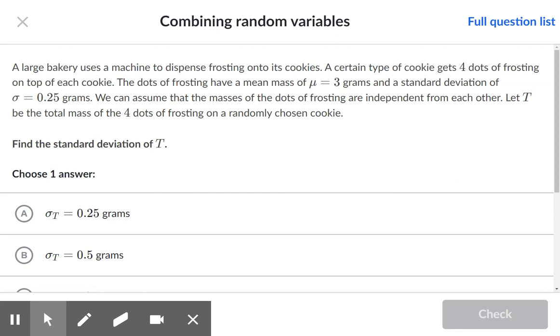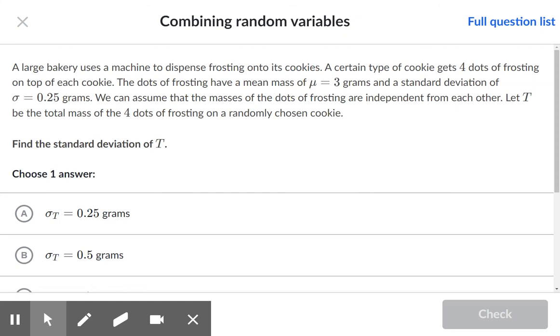So variance of D is the same as sigma D square, sigma D square, sigma D square, and sigma D is 0.25. So it's 0.25 square plus 0.25 square plus 0.25 square plus 0.25 square, which is 4 times 0.25 square, because it's 1, 2, 3, 4.